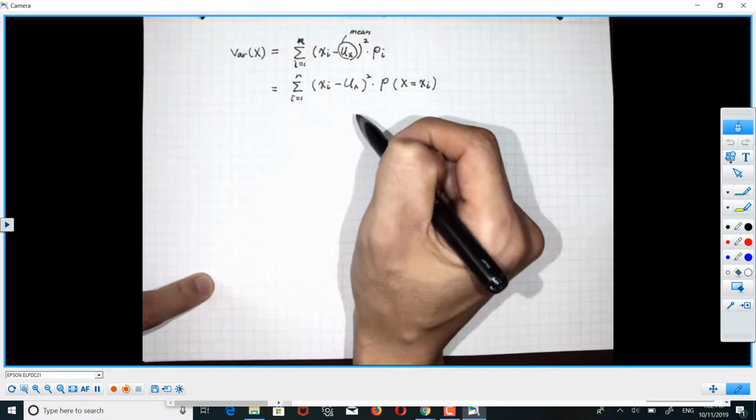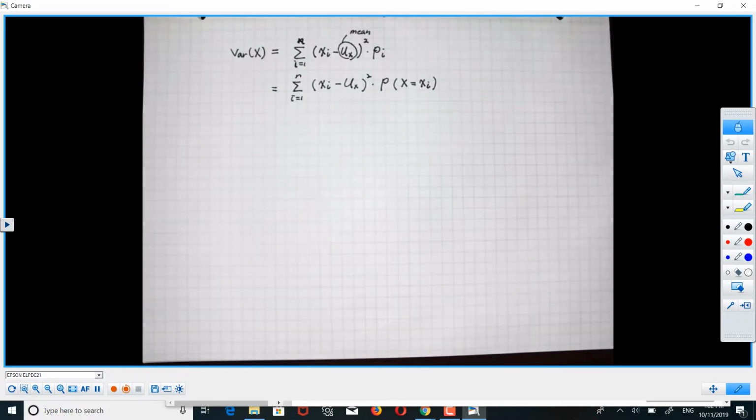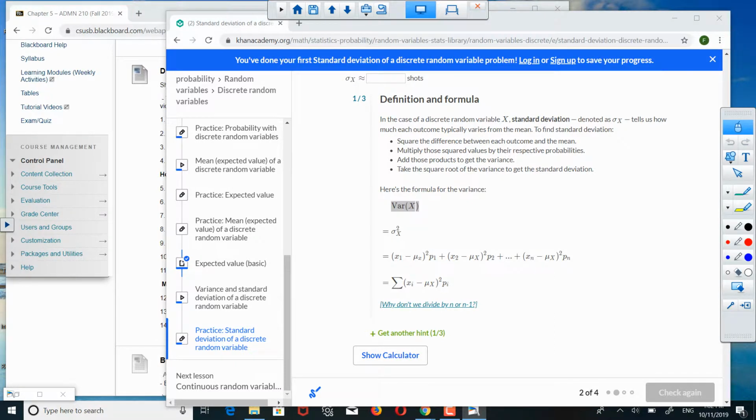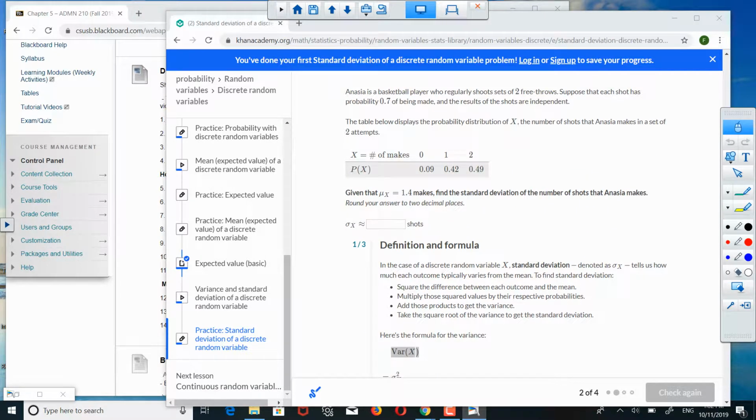So in our case, in this example, if you look at the table, we have three values, so n is 3. So let's just write the table. x being the number of shots made, and then 0, 1, and 2.